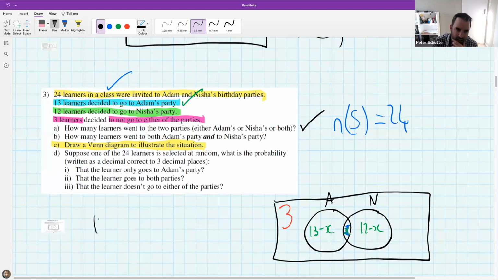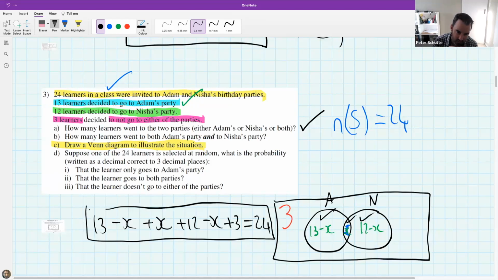So if I go 13 minus X plus 12 minus X, now your choice is you can either make this equal to 21, or you can add the 3, and that must be equal to 24.